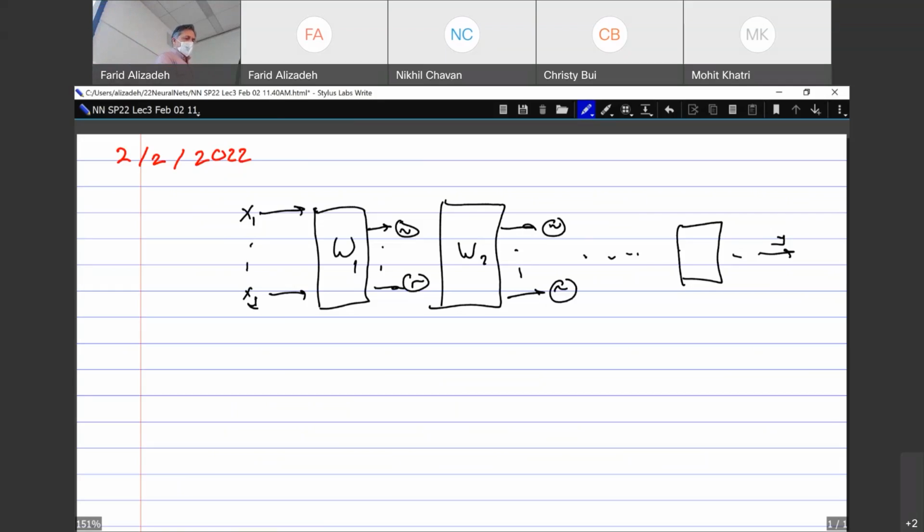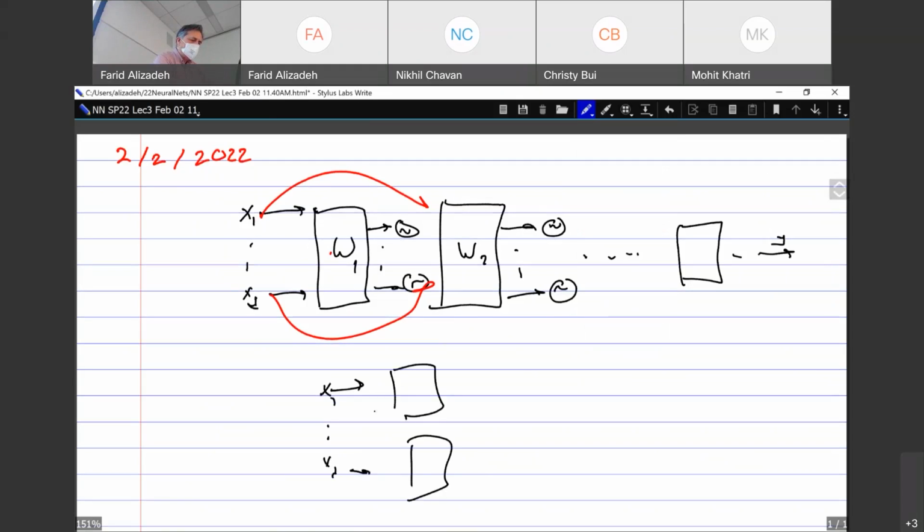So for example, you may decide, I want to have my X go to here, but I want to have X go over there too. Or you may have a situation where here are your X's, your inputs, and then you may have some layer here, another layer here, and then they may go to another layer.